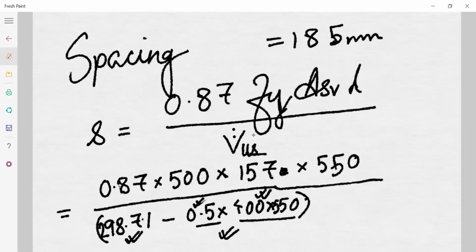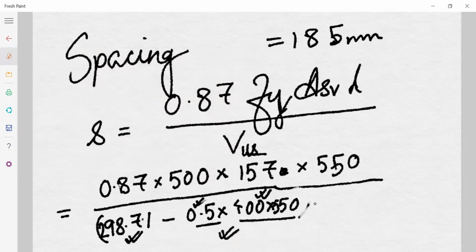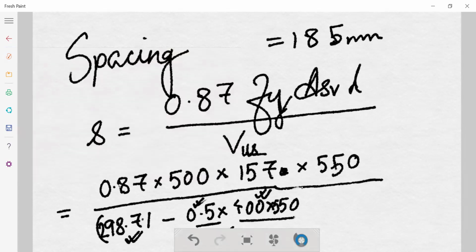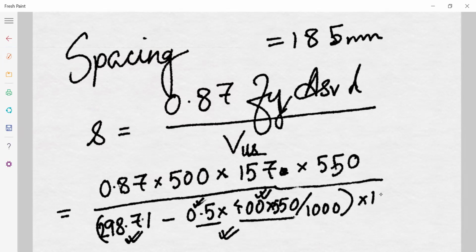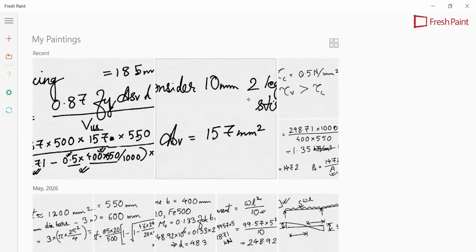And here, let me just finish this for the stirrups. Let's finish this equation, just keeping the units same. So you will get it as 185 mm.